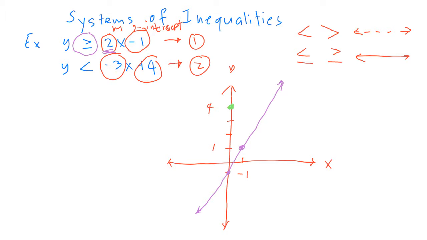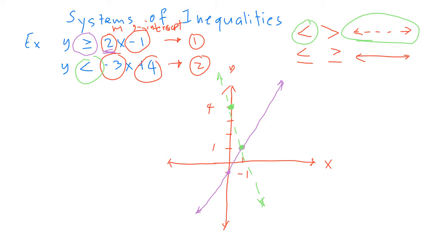So that would be at this point, 1, 1. We're using less than, so we use the broken line or the dotted line to graph this, and that would be our line passing through the 2 points there.